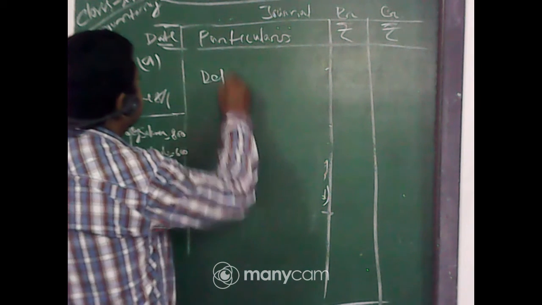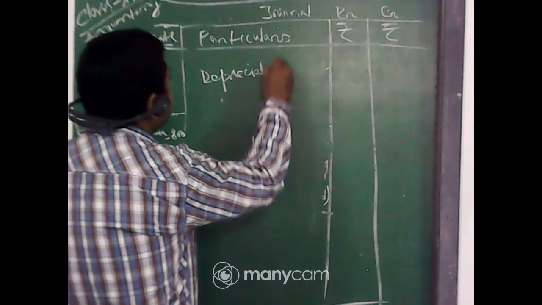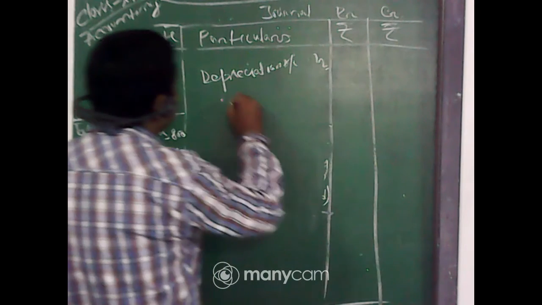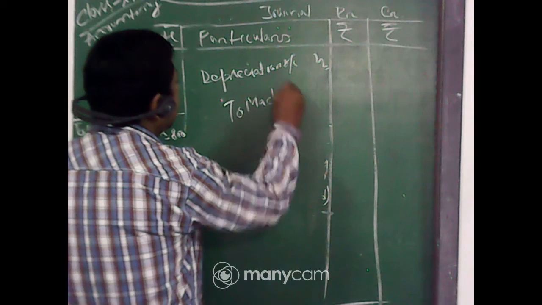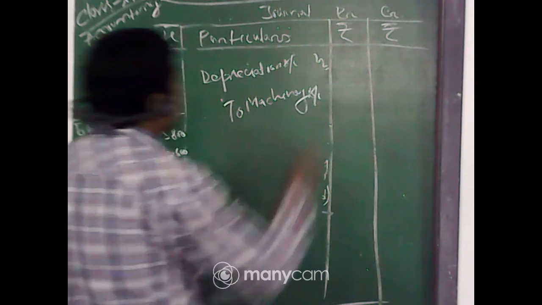So depreciation means the decreasing value of machinery in this case. The right journal is depreciation, not a rectification entry. Depreciation account debit to machinery, that is the right entry.